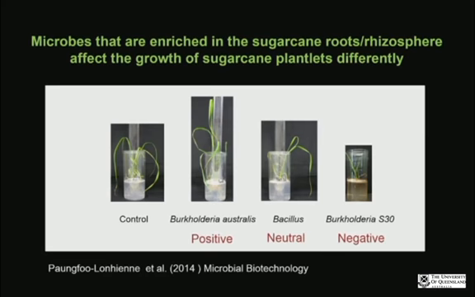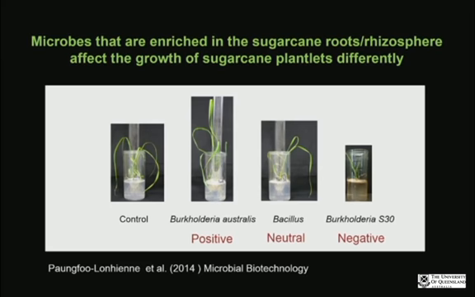Such as these tests, where these are just little sugarcane plantlets that are generated axenically, so they're totally controlled in some sort of jelly that's obviously not soil, but it's a way of starting this kind of research at least, to then translate into real-world situations.